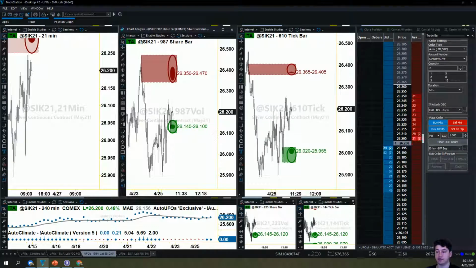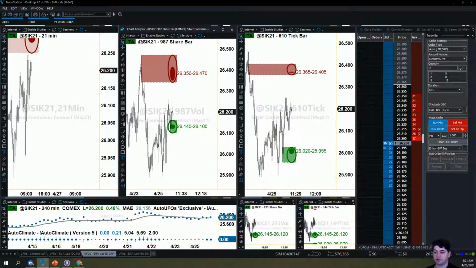So if we were to buy at 2616, our stop loss would be at 26095. Oops, 095.